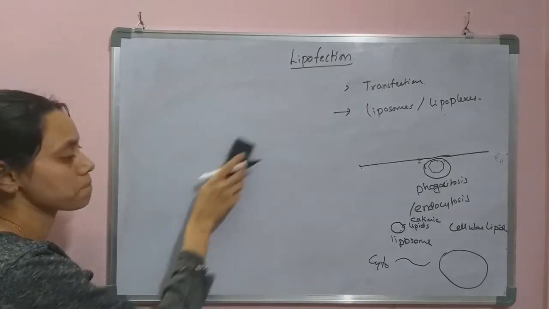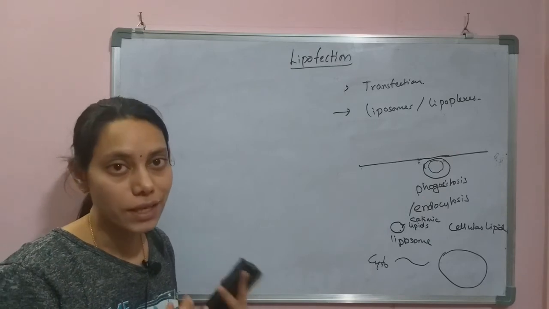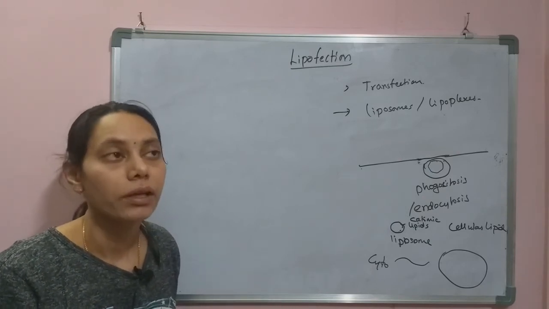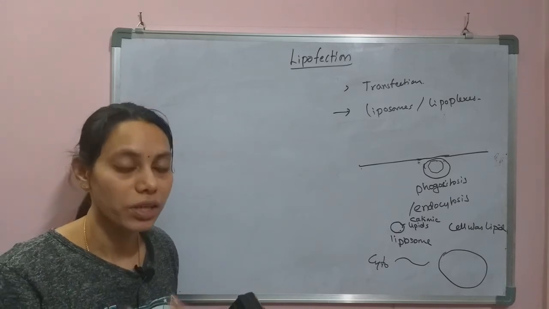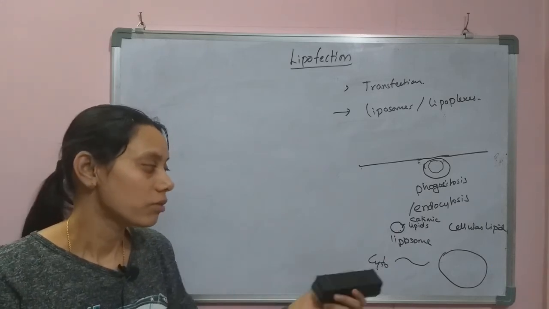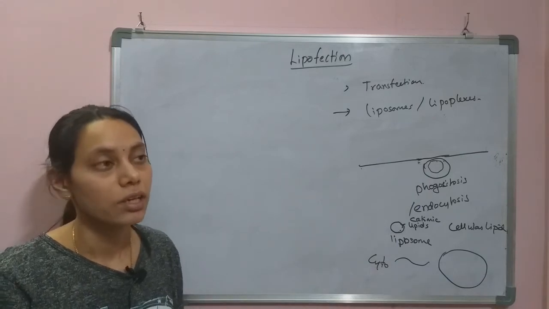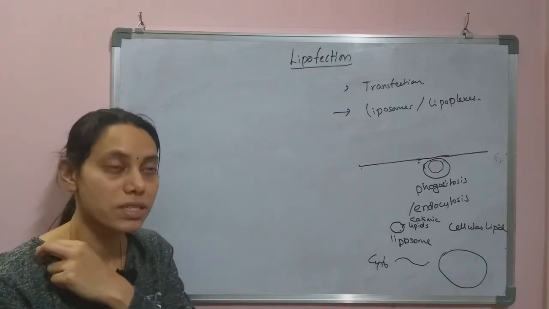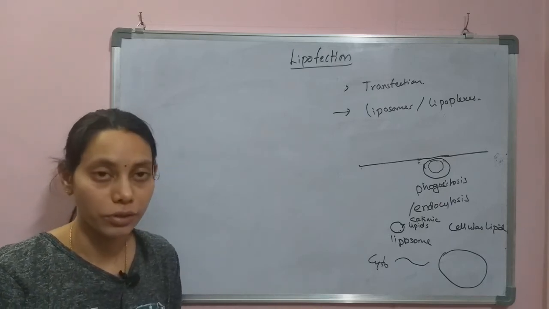Basically, during cell division, the nuclear membrane will be disturbed. So that is the advantage for the cytoplasmic DNA entering into the genomic DNA. So maybe during cell divisions, sometimes it will enter into the nucleus.